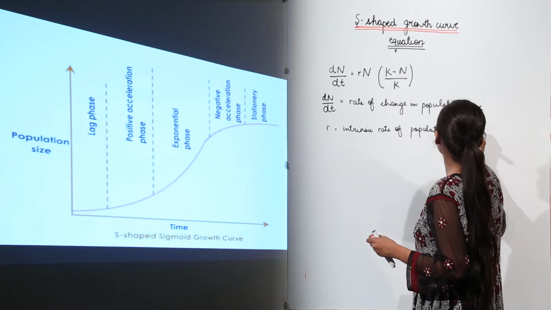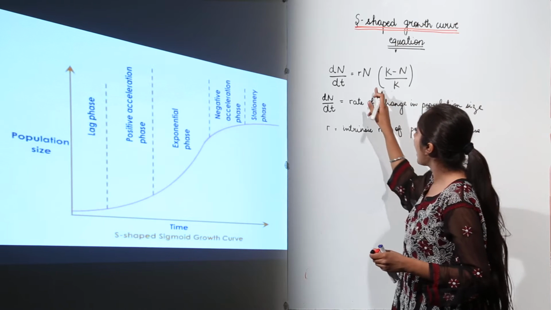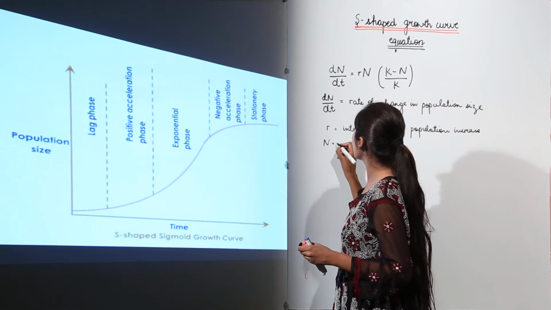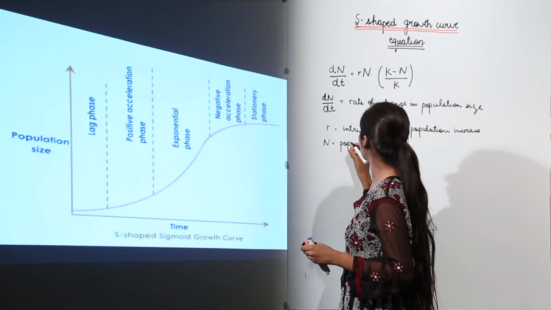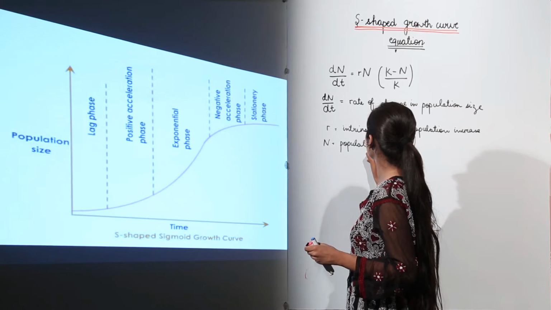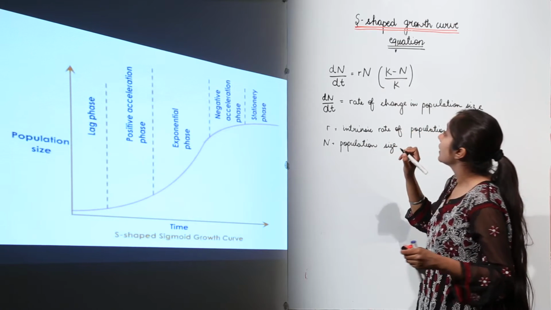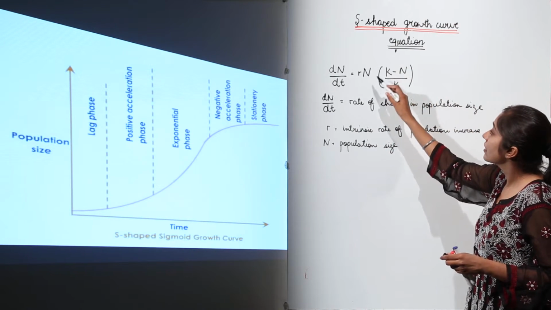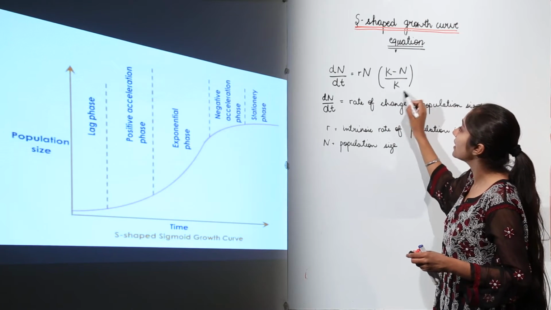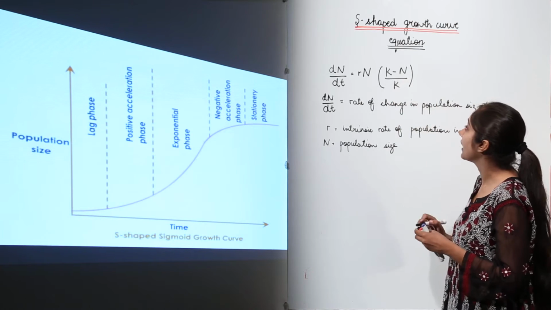And this N is the population size, right? Now this equation has something very special, that is (K - N)/K.